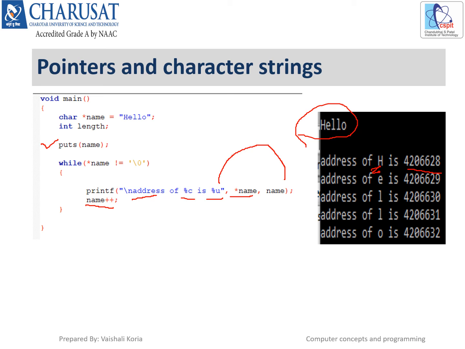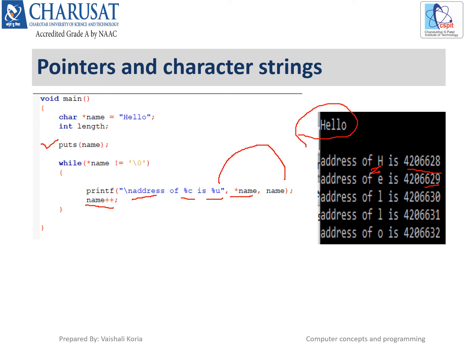You can see the address here. The address of the H character is this 628, last 3 digits. When we use name plus plus, it will be incremented, so the next address is 629. If the name were an integer pointer, it would be incremented by 4.